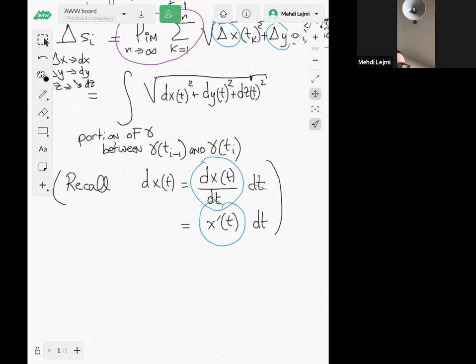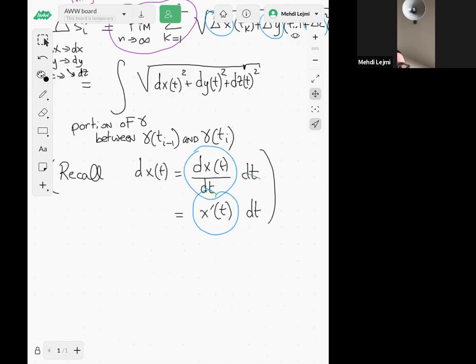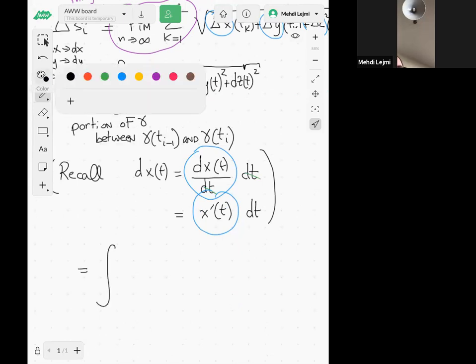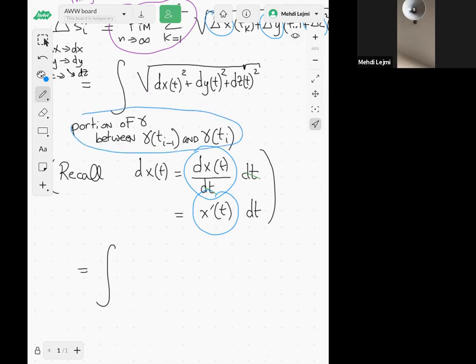So then this square root, we have this integral over this portion of gamma between gamma of t index i minus 1 and gamma of t index i. So t is going from t index i minus 1 to t index i.